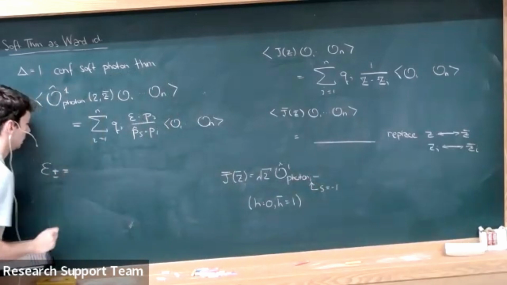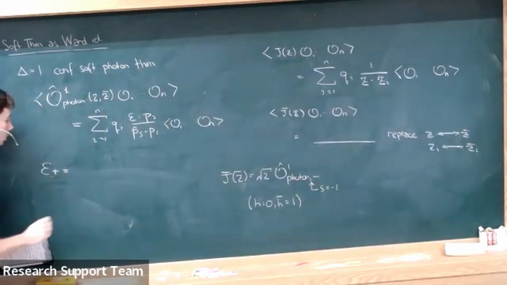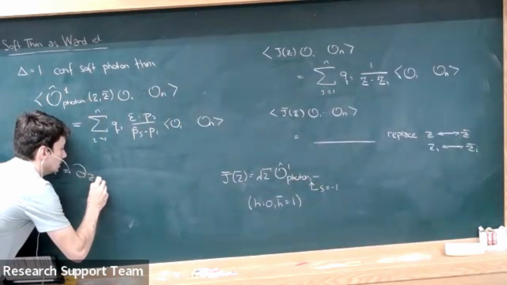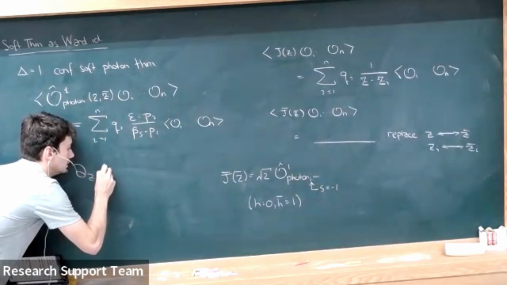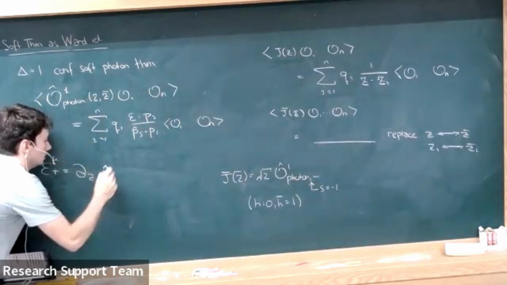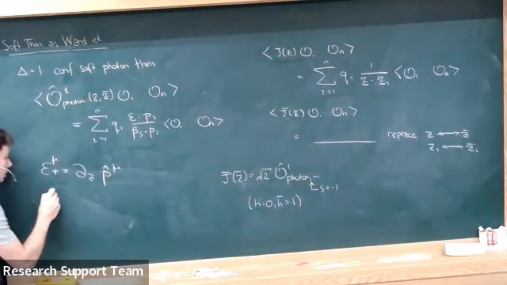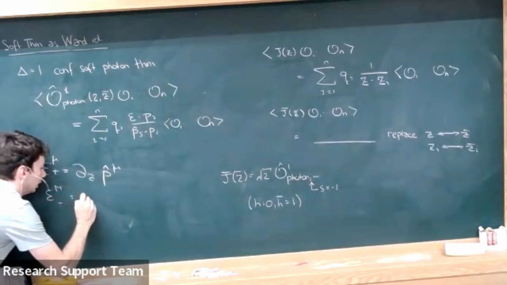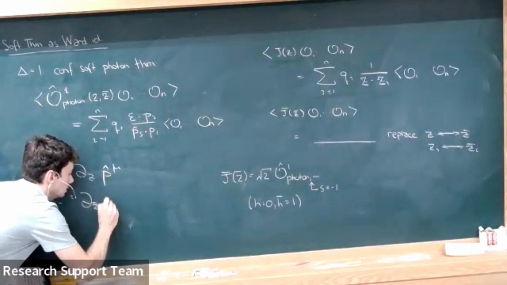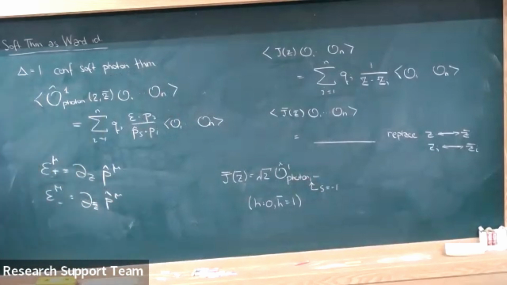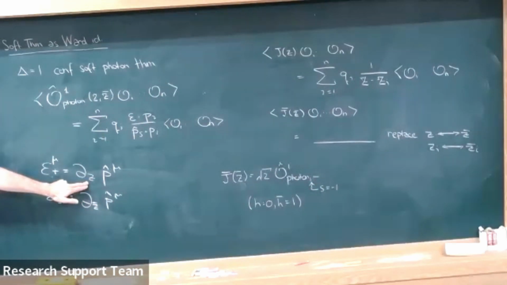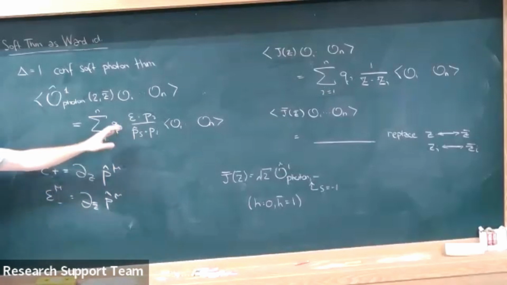So the plus helicity polarization vector is given by this expression, and the minus helicity polarization vector is given by this expression. You're taking a derivative with respect to z or a derivative with respect to z bar on this p hat, which is defined here. And now you have all the ingredients that you need to evaluate these dot products.